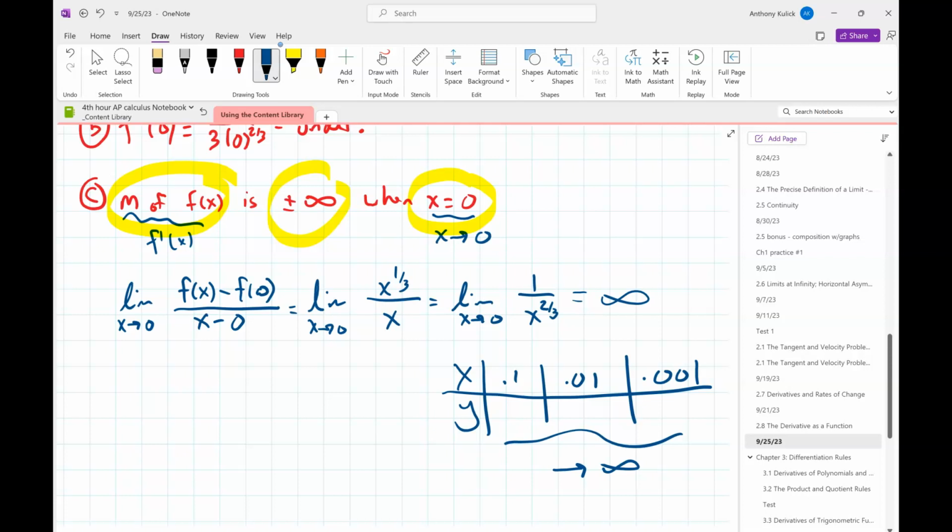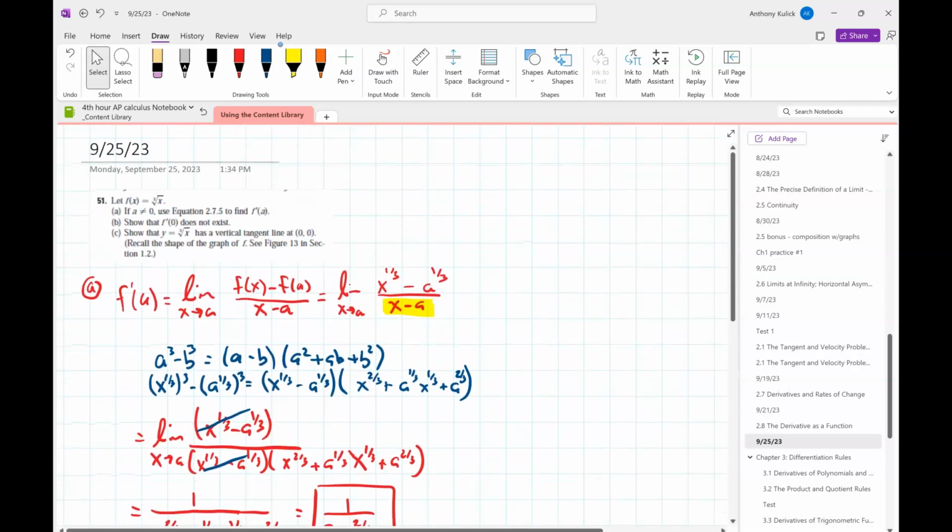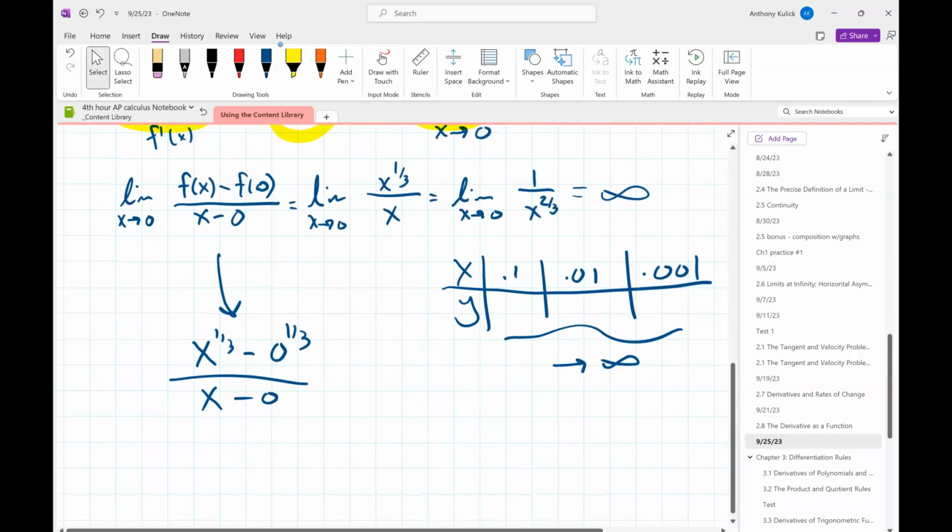Is that okay? So this is like x to the 1/3 minus 0 to the 1/3. Oh, that was f of x in the problem. We're still talking about the same f of x the whole way through, right? That's still that same f of x. Sorry.